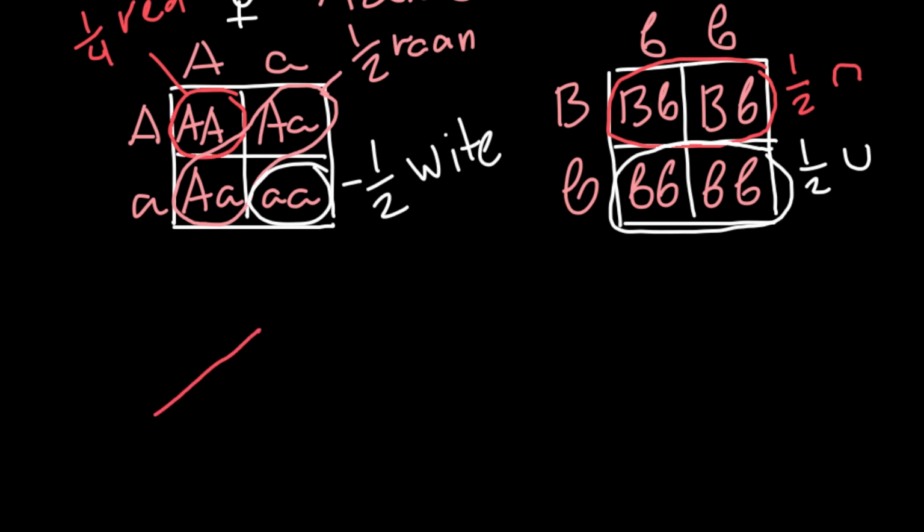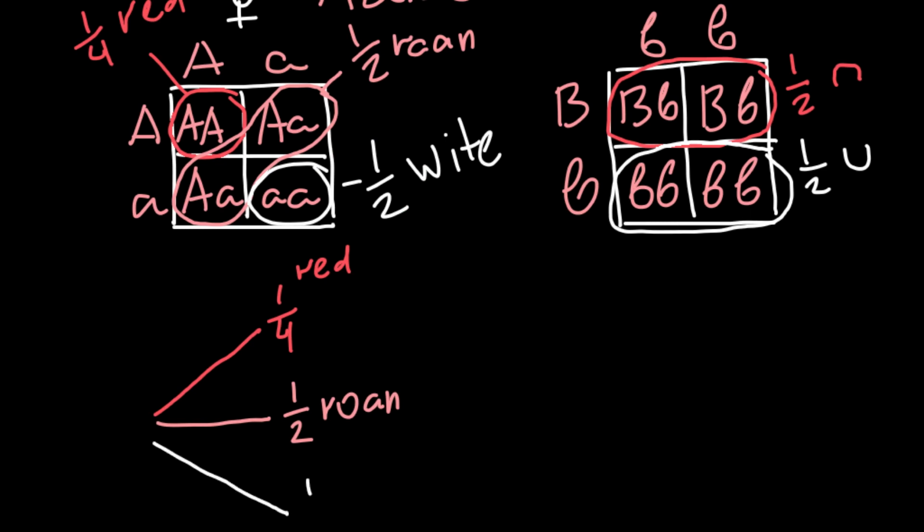According to our Punnett square, we expect 1/4 of the progeny to be red, 1/2 to be roan, and 1/4 to be white.